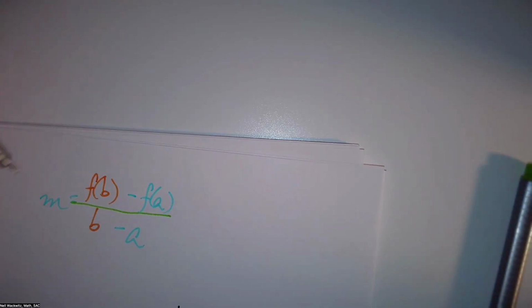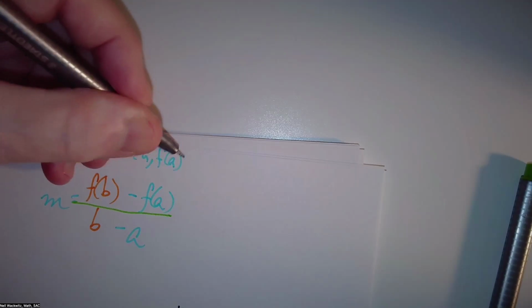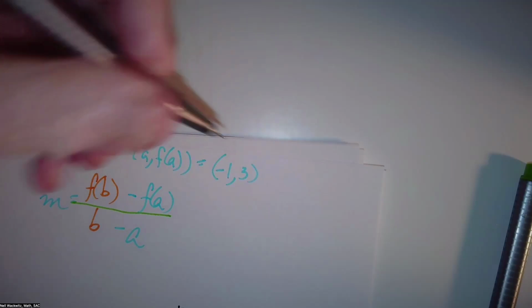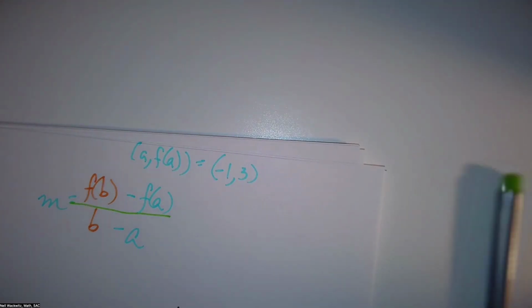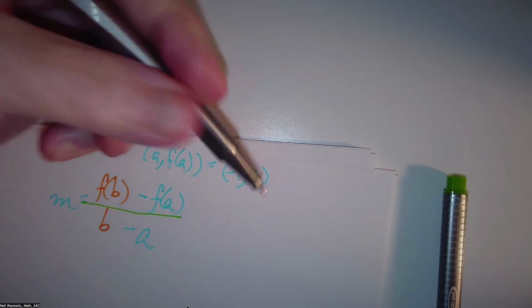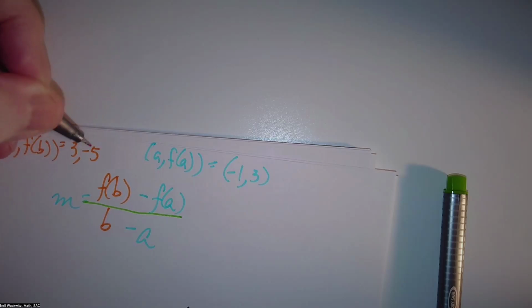Where our 2 points, a, f of a is negative 1, 3, and b, f of b is 3, negative 5.